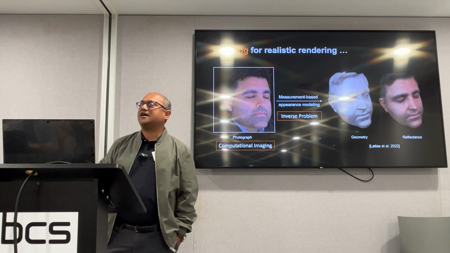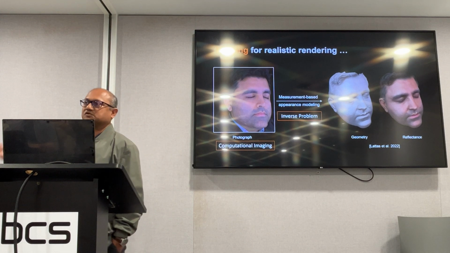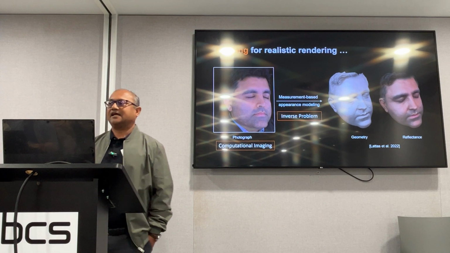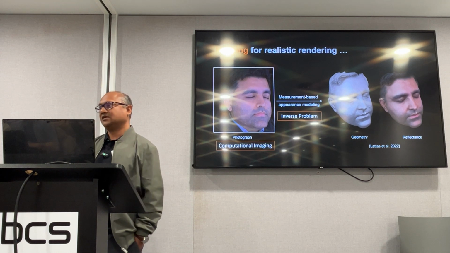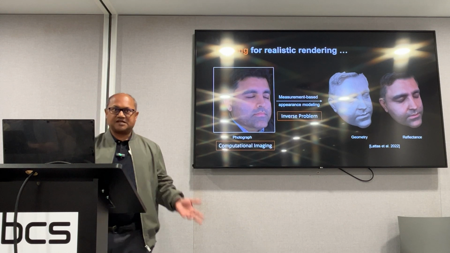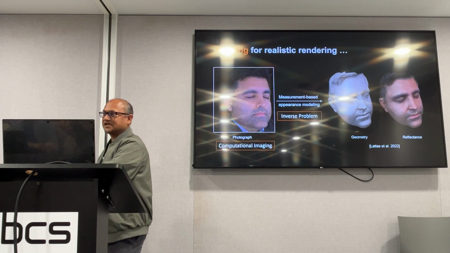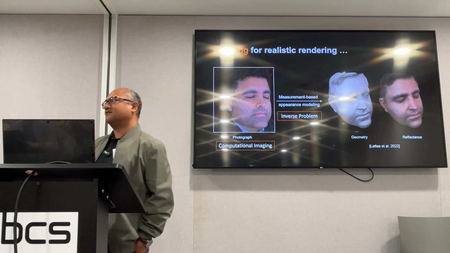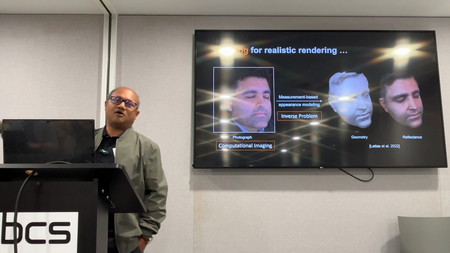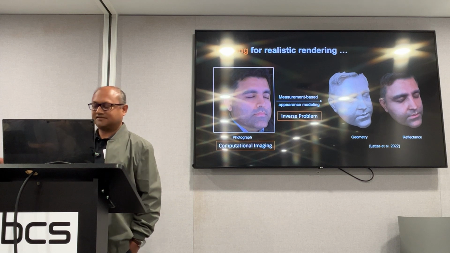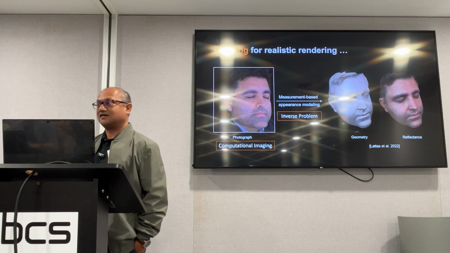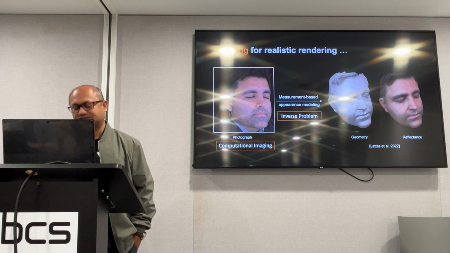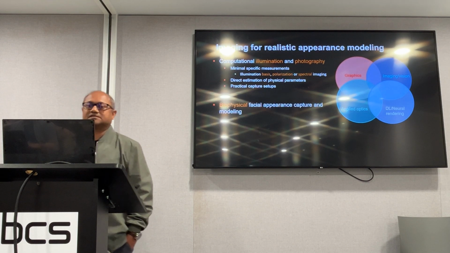And in order to go from input to output, we usually have to solve an inverse problem. An inverse problem can be under-constrained, so we want to do not regular photography, but computational photography to provide as much information as possible to arrive at direct estimates of these appearance properties that we care about, for the most part avoiding under-constrained optimization as much as possible. Not always, but as much as possible.